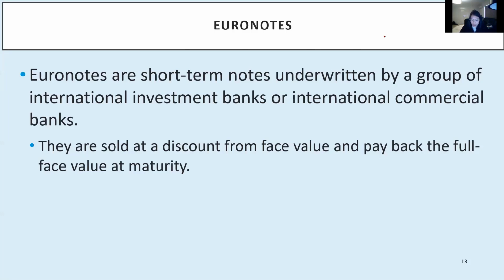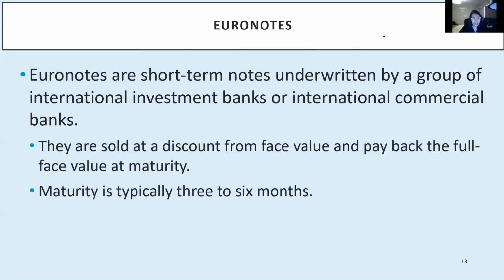So you buy the note at a lower price than the face value, and at maturity, you receive the face value, and the difference between the price that you buy and the face value is the interest on the loan. This is a short-term instrument, and the maturity is normally 3 to 6 months.